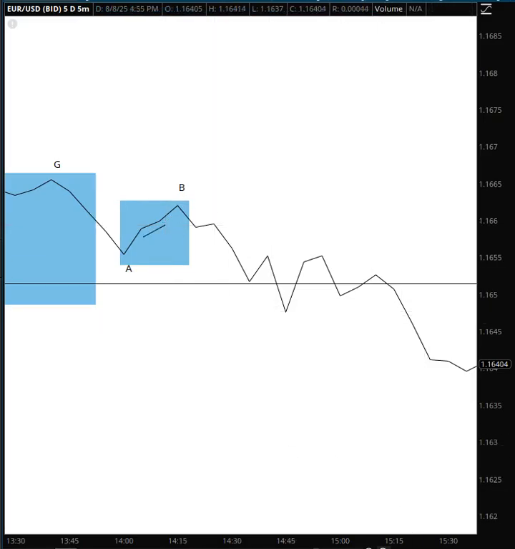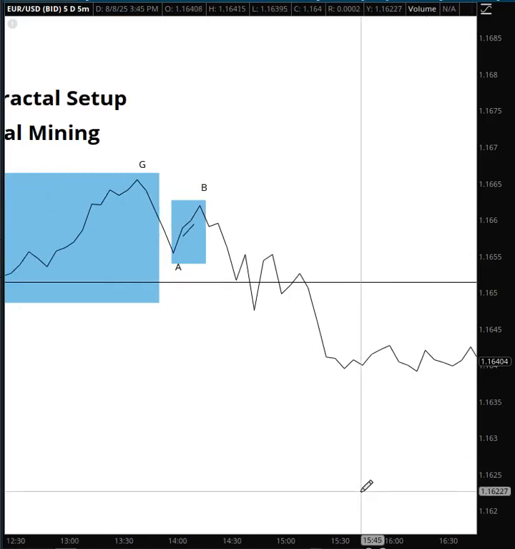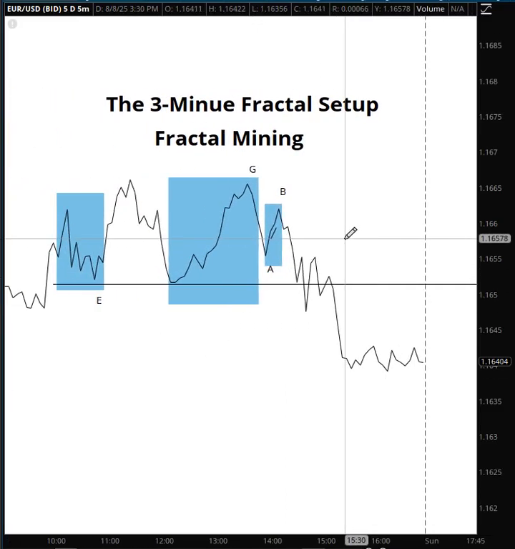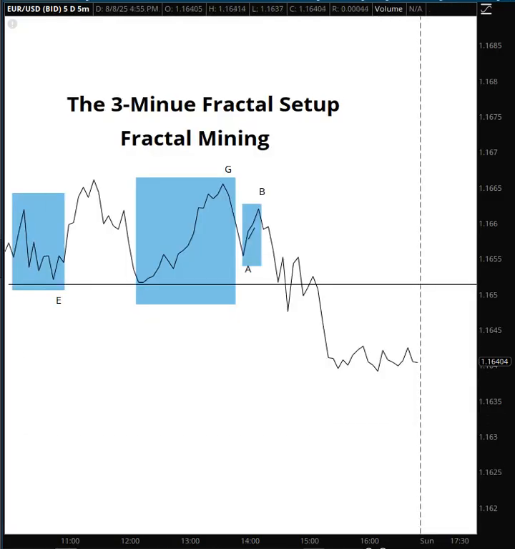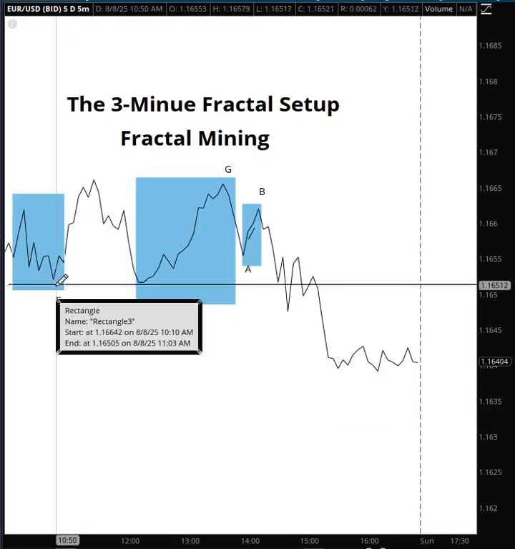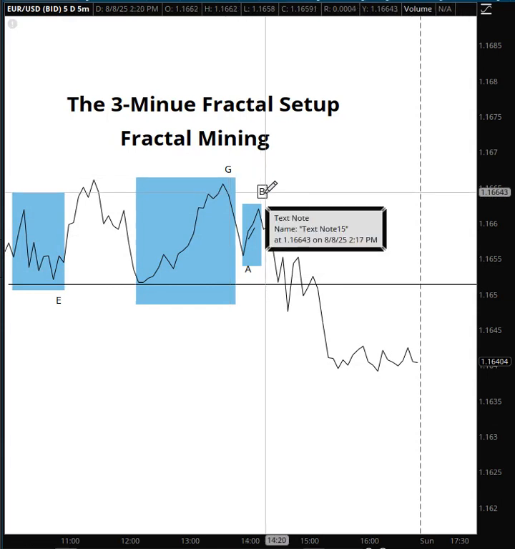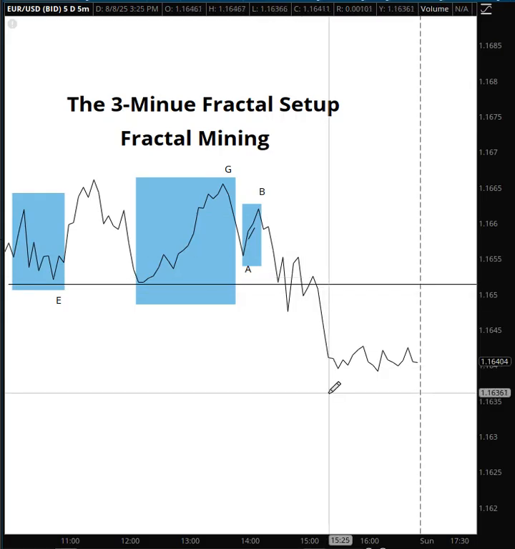All right, so let's look back here at our strategy, and what you have here now, you have the bottom, the top, another top, and the market continues to go down.